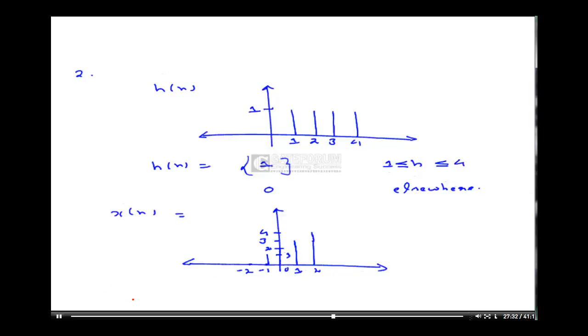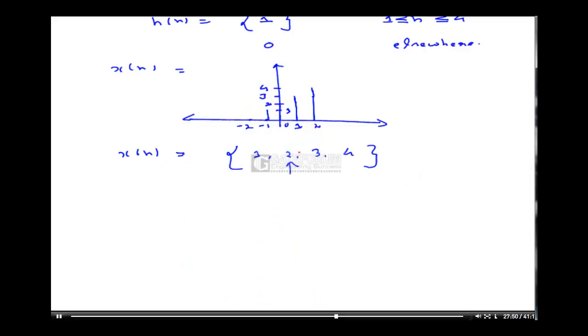Okay, so xn can be written like 1, 2, 3, 4 centered at this.